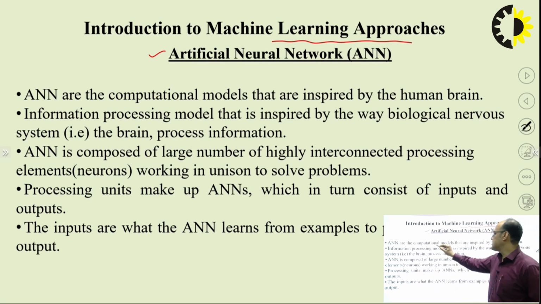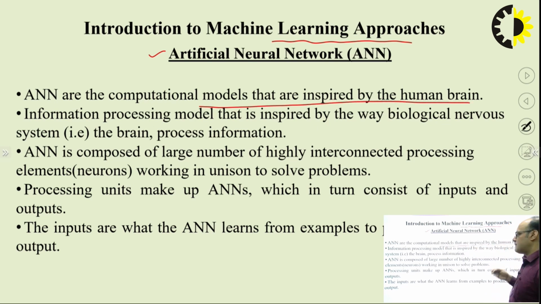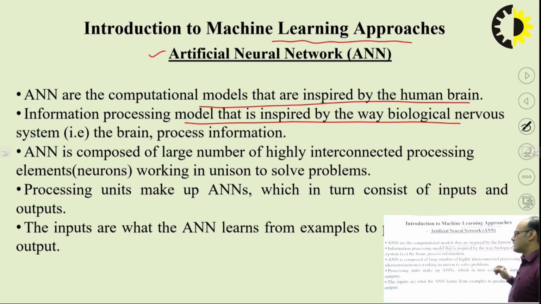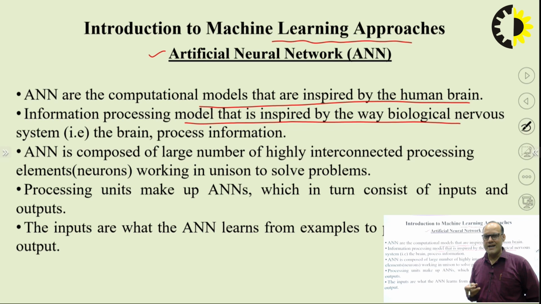So it is a computational model inspired by the human brain, an information processing model inspired by the way the biological nervous system works. How does the biological nervous system work? For example, if I hold a hot cup of tea, I will sense it is hot. Some electrical signal is transferred from my hand to my brain, so that hot is stored in my neurons as experience.